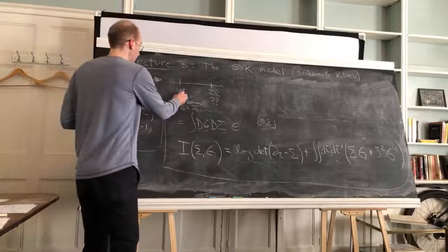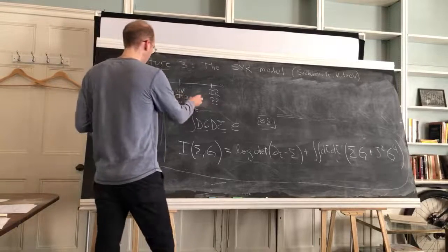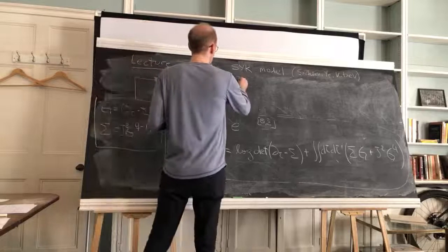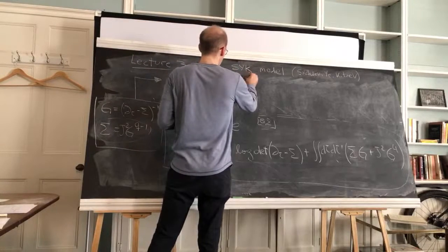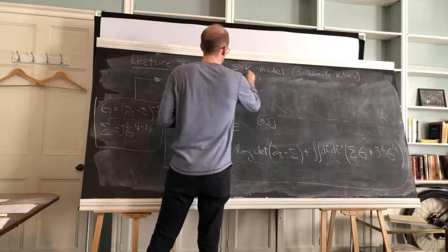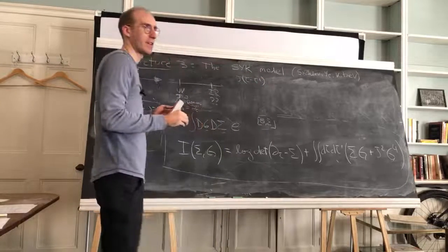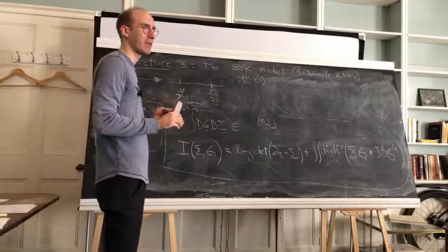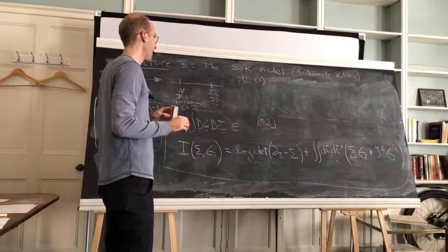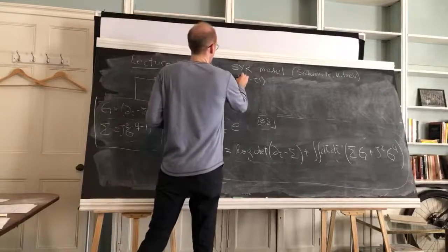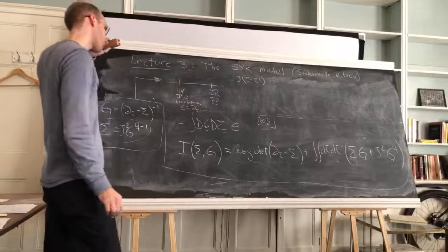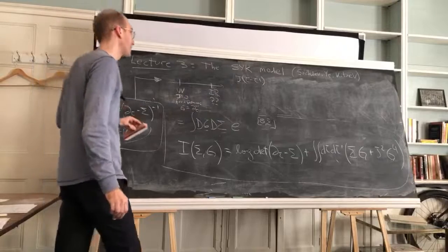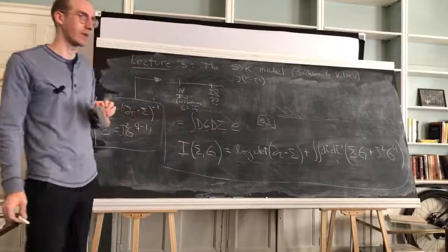What you need to look at is J. This thing is the dimensionless parameter. Then we will talk about finite temperature maybe next time.